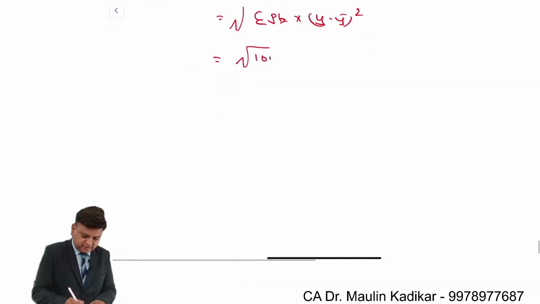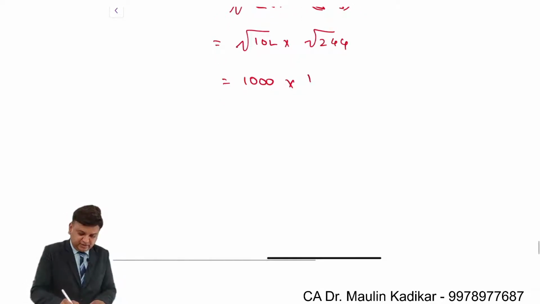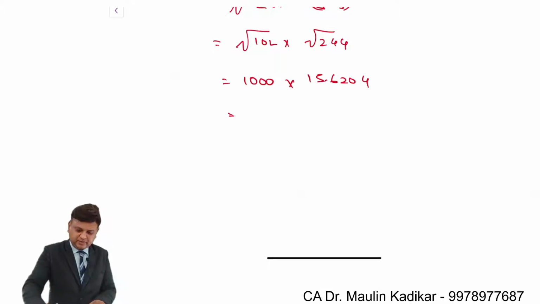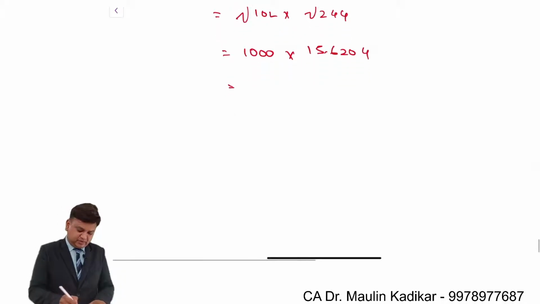So it is under root of 10 lakhs into under root of 244. So 1000 into under root of 244 is 15.6204. 15.6204 into 1000. So 15,620.4.